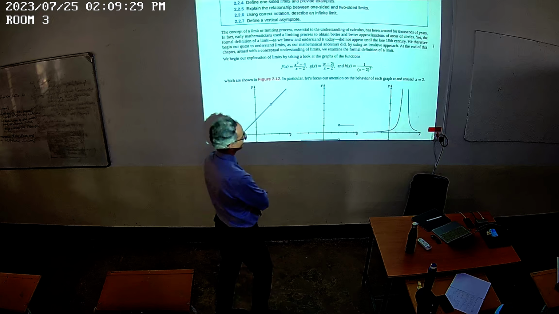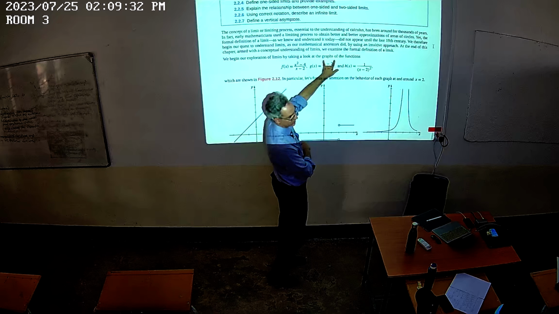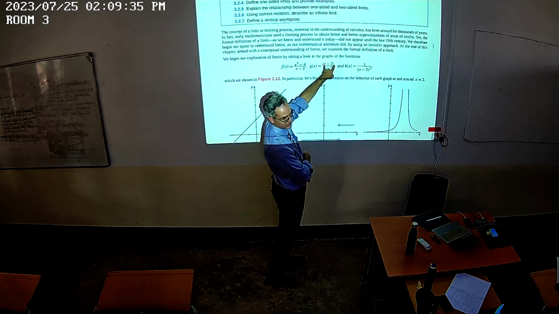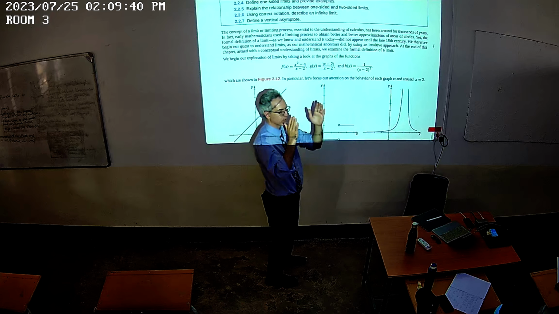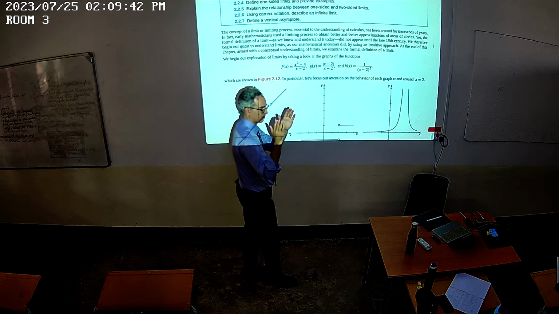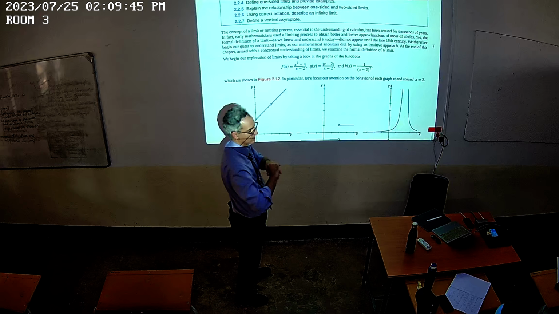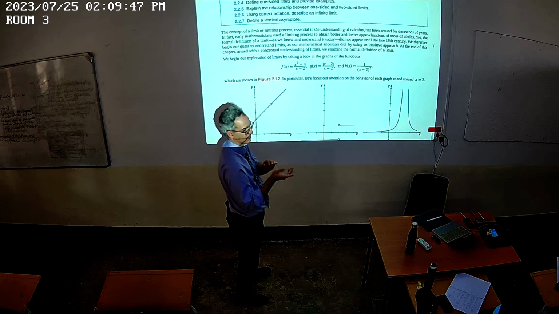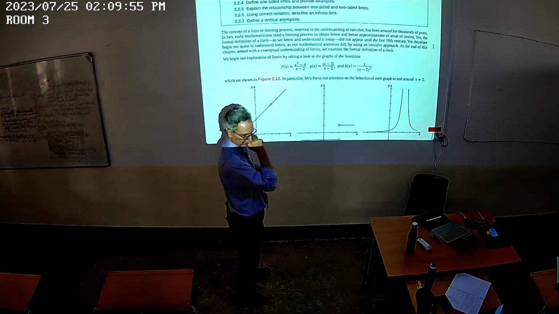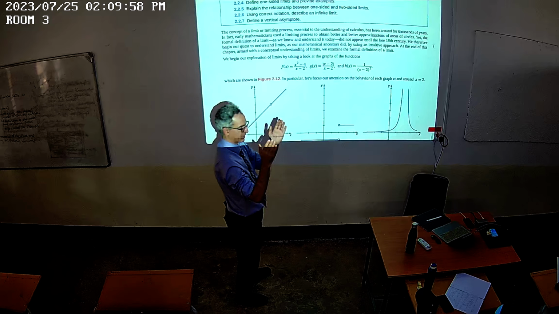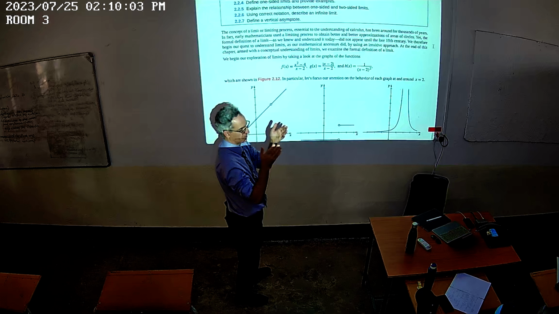Do you know your straight lines? Two straight lines on either side is the absolute value. What is absolute value? The absolute value takes whatever is inside and makes it positive.